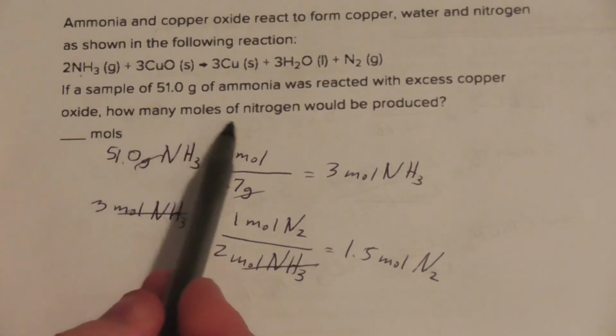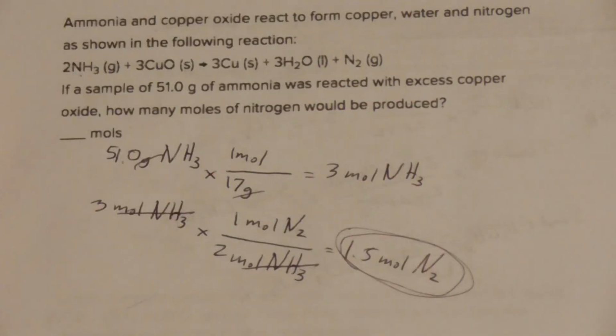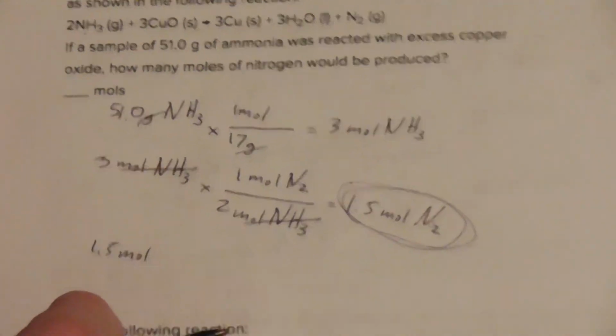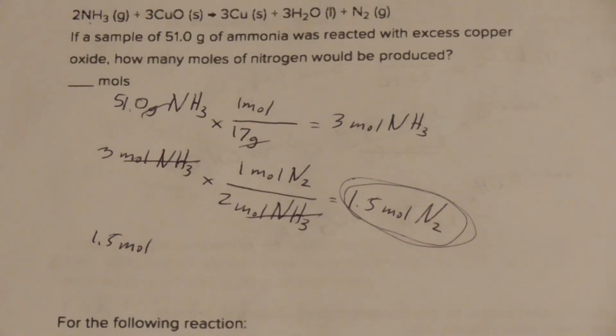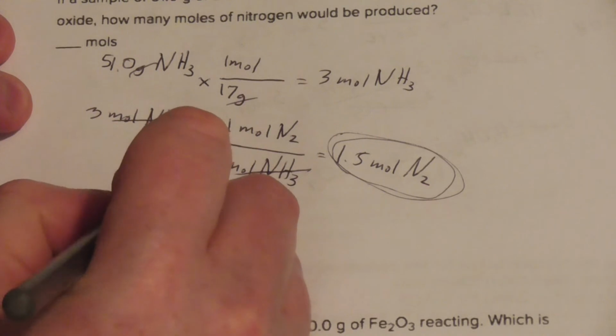In this case, it says how many moles of nitrogen will be produced. I have moles of nitrogen. I'm done. Now, if I wanted to take that and convert it, I still shouldn't forget my conversions. I would not be this kind to just have you tell me moles on a test.